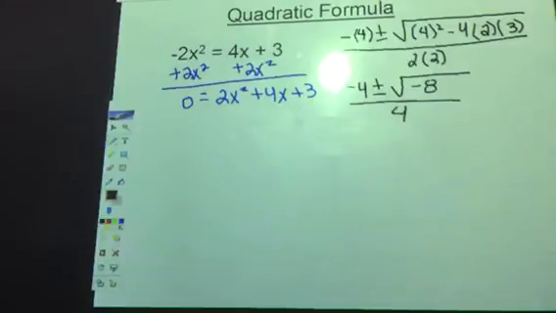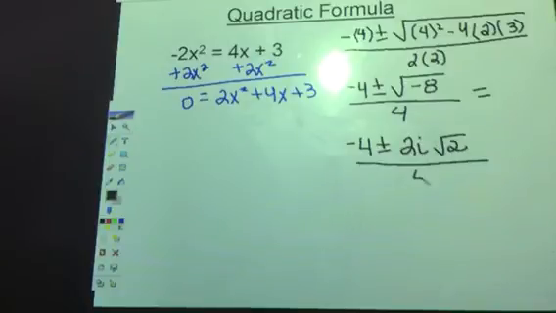Okay? Simplify the square root of negative 8. Again, because you cannot have a negative under the radical sign. Okay? So your final solution will be negative 4 plus or minus 2i times the square root of 2, all over 4.